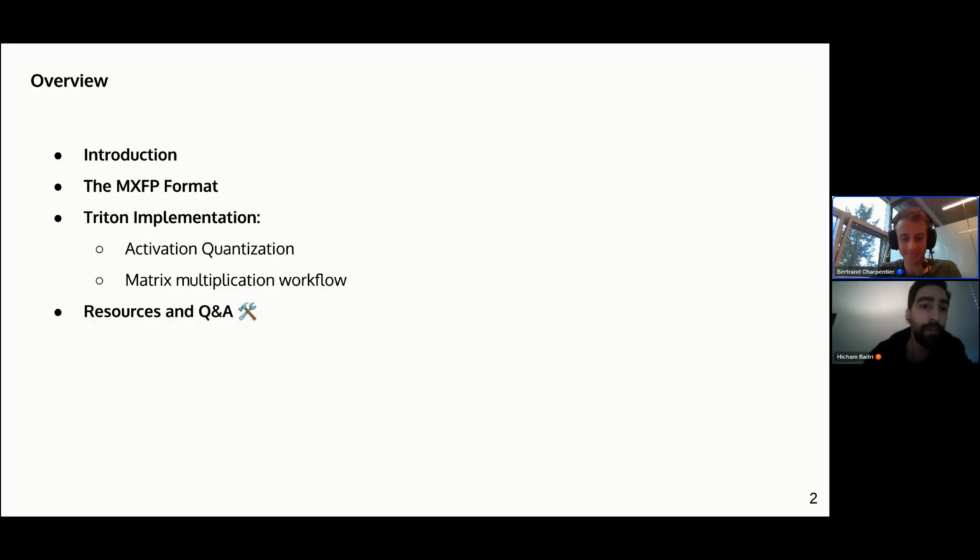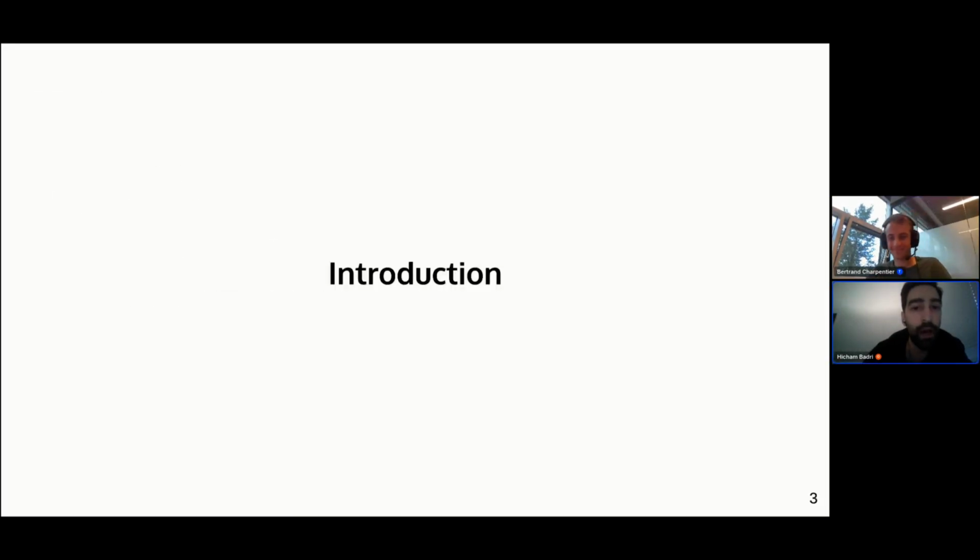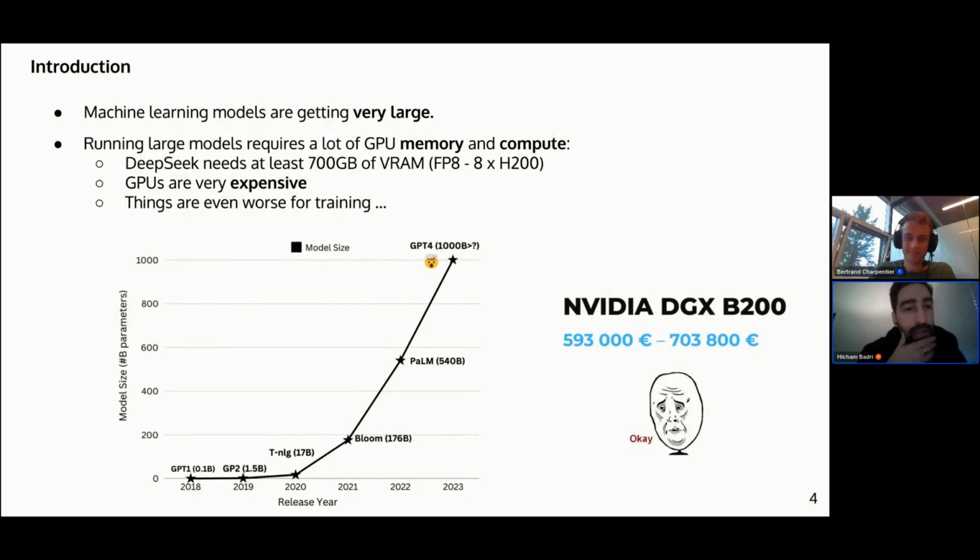As everyone knows, machine learning models are getting very, very large, and hardware is extremely expensive. If you want to deploy a DeepSeek model, you need 8 H200s at least, so you cannot even fit it in one node of H100s. Models are getting even bigger, and the challenge is how to deploy these models cheaply.